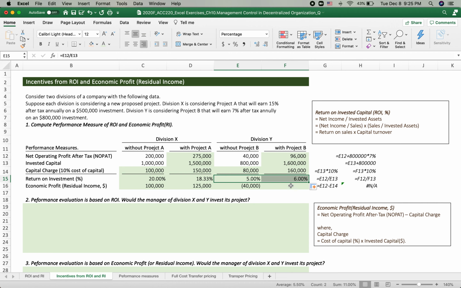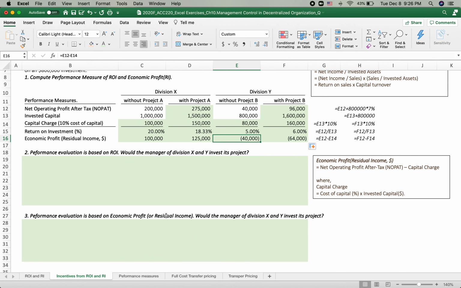It has been increased. But what would happen if division Y adopted project B, and then the company evaluates the performance of division Y by economic profit? Then this $40,000 negative economic profit has now deteriorated to negative $64,000.